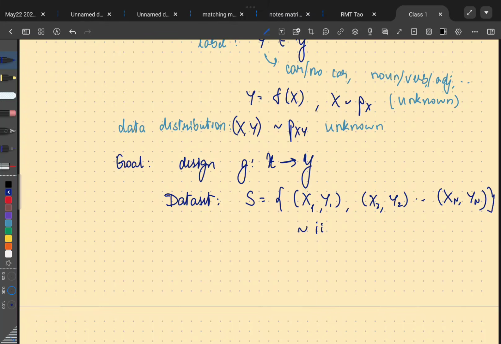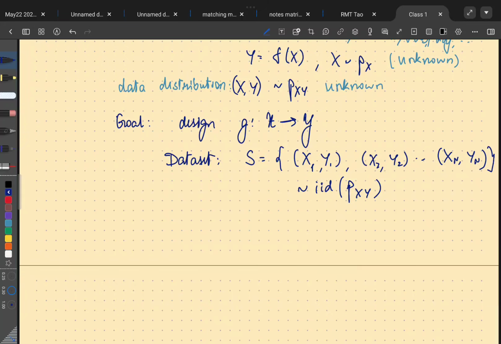We'll assume that these samples are all independent and identically distributed, and they all follow the data distribution. The data distribution is unknown, but this data set, the set of n samples, is given to us. Using these n samples, we are free to come up with any algorithm we like, and the algorithm is going to be this function g.